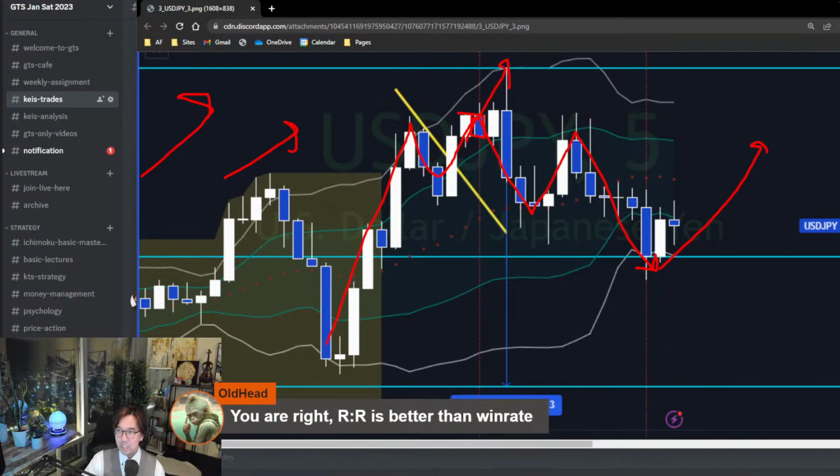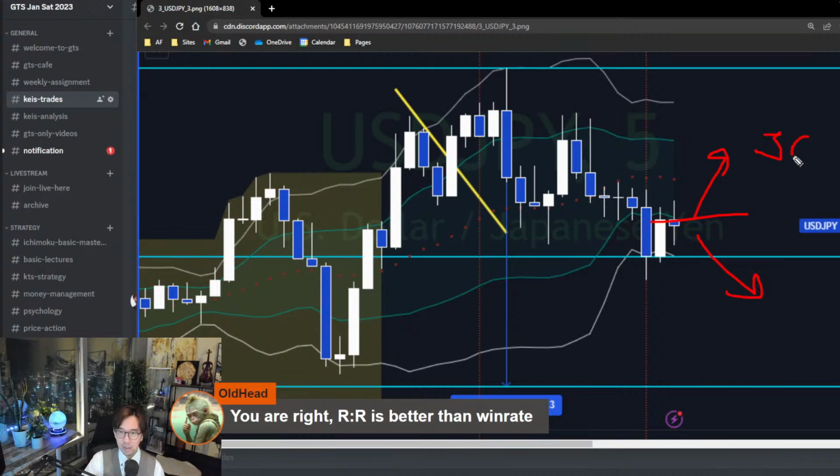Yeah, I value risk-reward ratio more than the win rate. Because win rate can be lower than 20. Because after all, the market is a 50-50 chance. If you buy now, the probability for this to go up or go down will be 50-50. No matter how many confirmations you can get, it's 50-50 after all, because there are always exceptions.